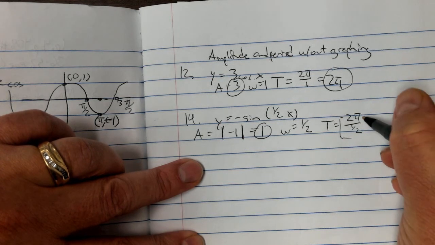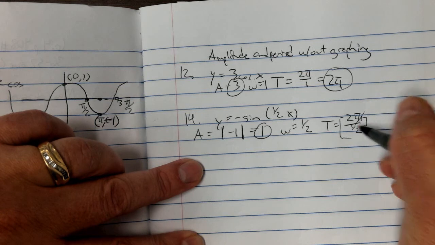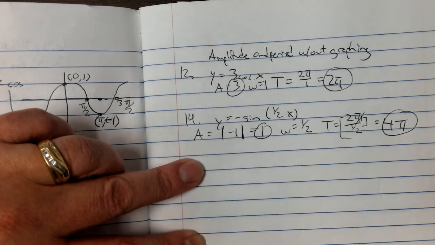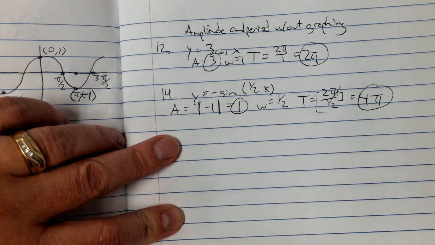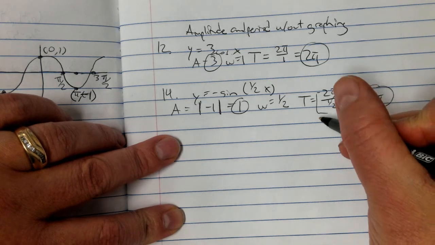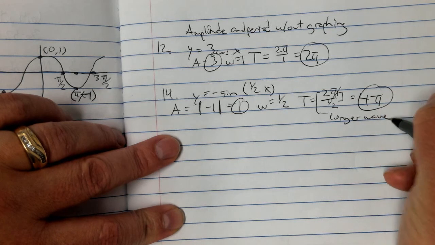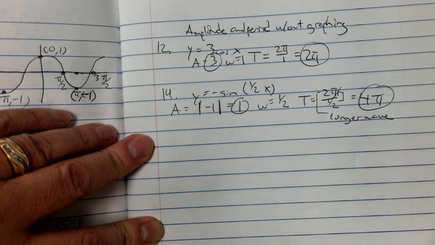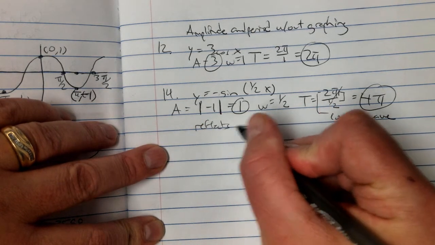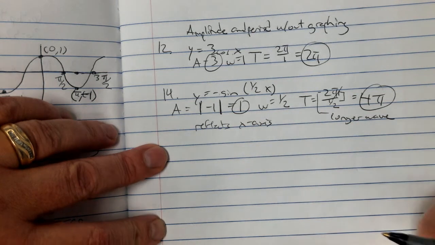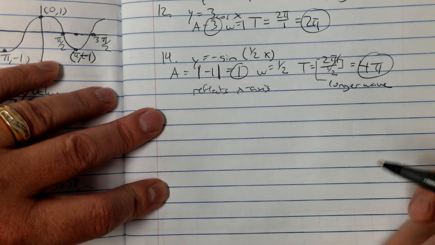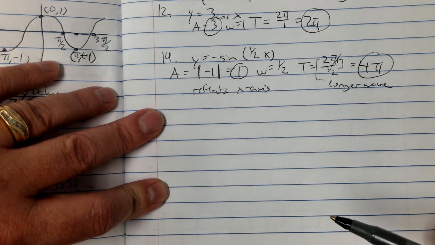Remember, you multiply your extremes, and the 1 times your 1 gives you 4 pi. So that one we'd consider a longer wave. What we do know is because of this minus sign, it reflects over the x-axis. And our distance is positive, which is why we have to have a +1.